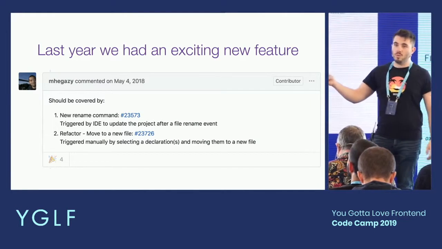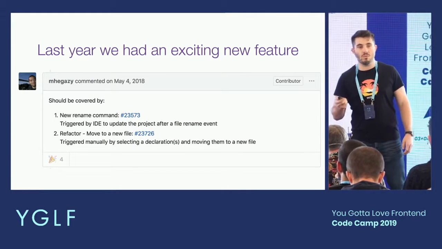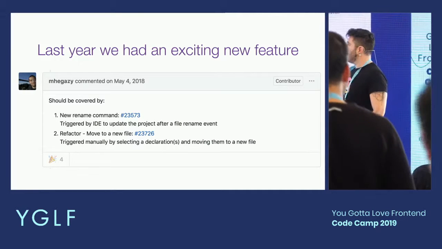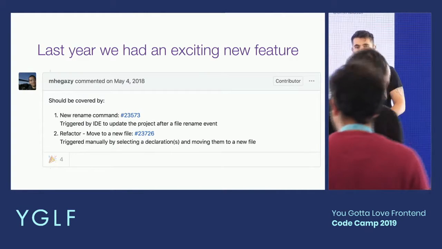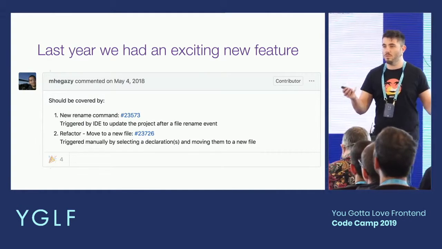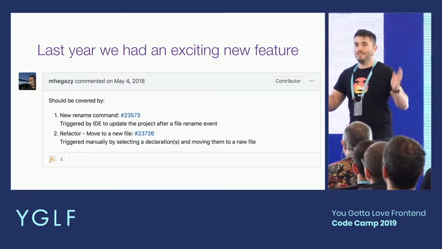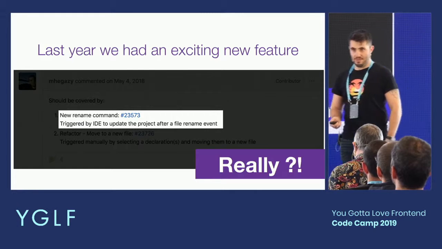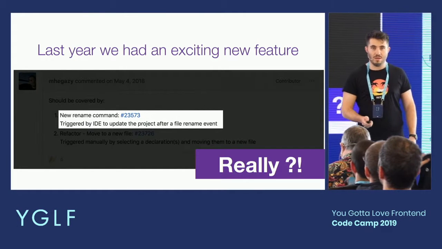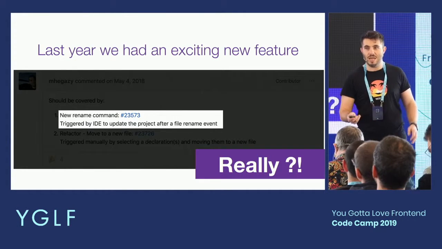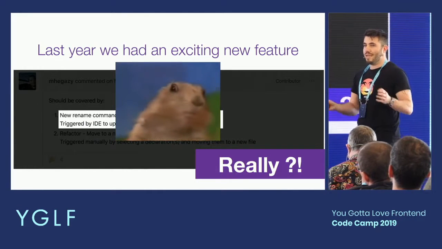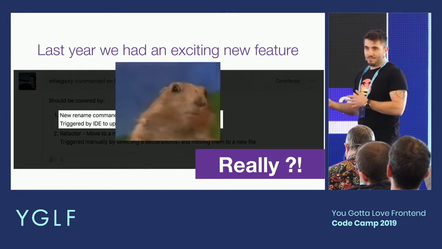This is a pull request from the VS Code repository from May of 2018. In May of 2018, moments before we're all moving to Mars, we finally got an amazing new feature that allows us to automatically rename variables. Really? Is this the best we can do? This makes me really sad.